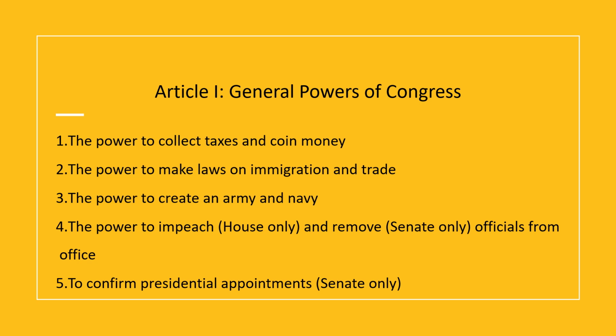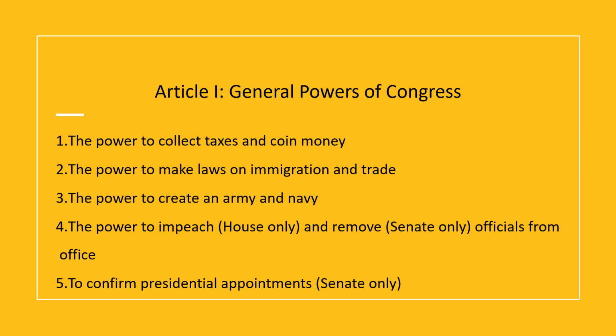Article 1 takes up more than half the space of the entire Constitution. There are 10 sections to Article 1, and it's important to compare the length and the breadth of Article 1 to other articles of the Constitution, such as Article 7, which is just a single sentence, but that single sentence is the information on how to ratify the U.S. Constitution.